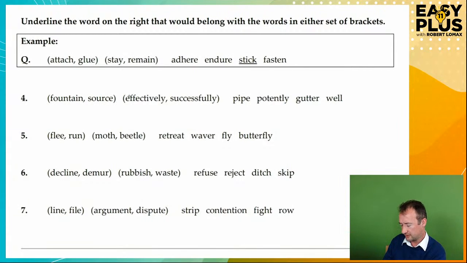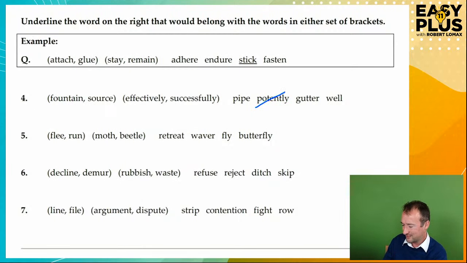Let's look on the right-hand side. Pipe, okay, that's also somewhere that liquid can come from. Potently, well, this is an adverb, so it doesn't really go with fountain or source at all. It just doesn't match, so it can't be the answer.